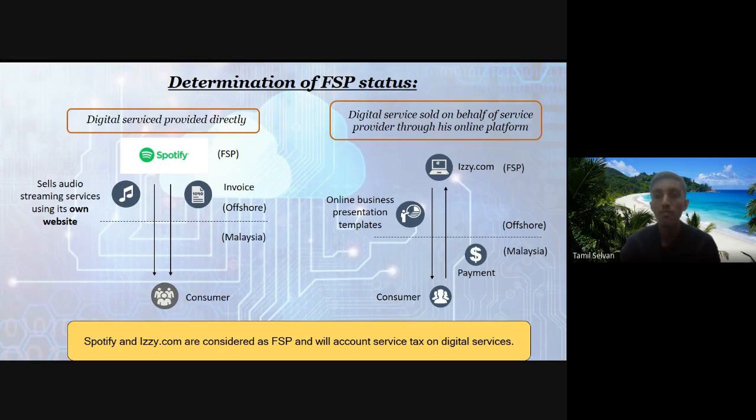Easy.com is a foreign service provider. It's a platform which offers online business presentation templates. Easy.com could be any platform. For example, Amazon could also be an example for this. So online business presentation templates are a digital service to a consumer. Both Spotify and Easy.com are considered foreign service providers and have to account for services tax on digital services.